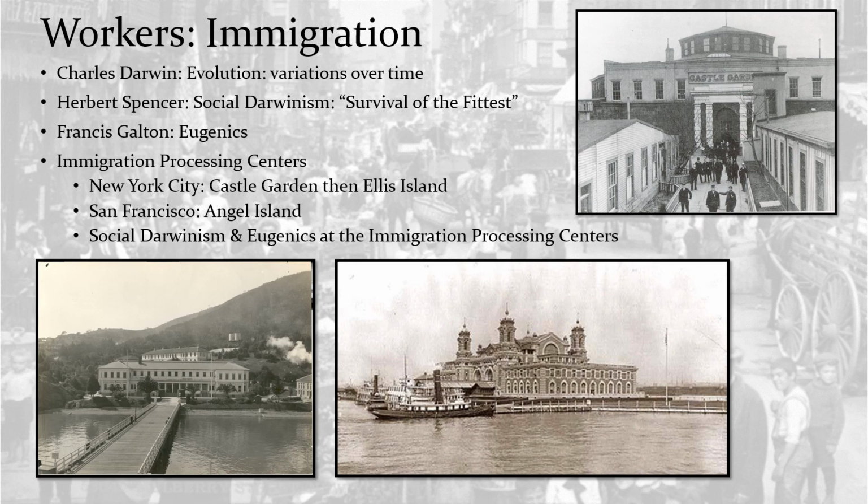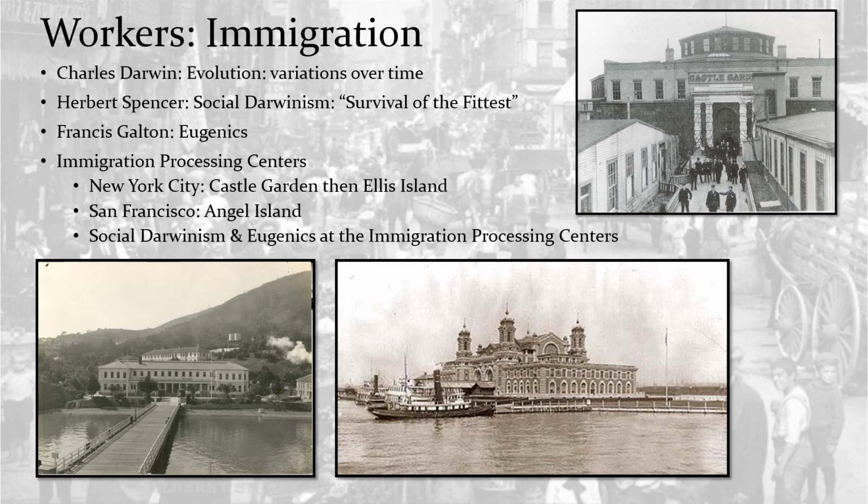And then Darwin's cousin, Francis Galton, comes up with this idea of eugenics, that you can actually breed humans to bring out more substantial and more positive traits, which is kind of an odd way of thinking. But, of course, social Darwinism and eugenics are the forerunners to the beliefs that Adolf Hitler will ascribe to in the 1930s. So they linger. We're talking about this in the 1800s, but they'll stick around.